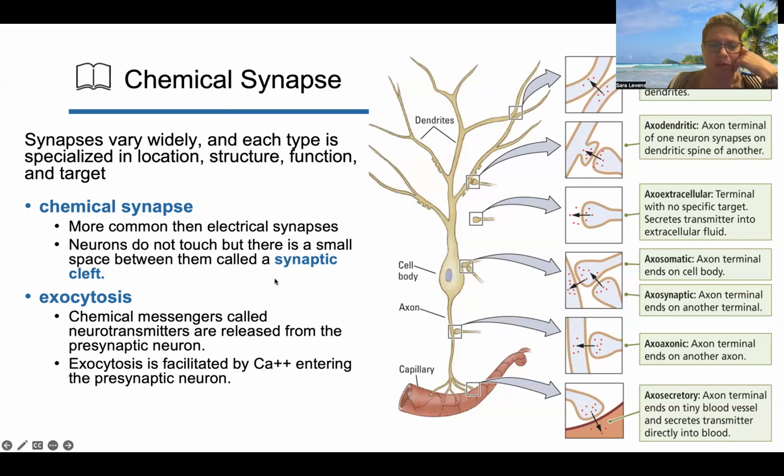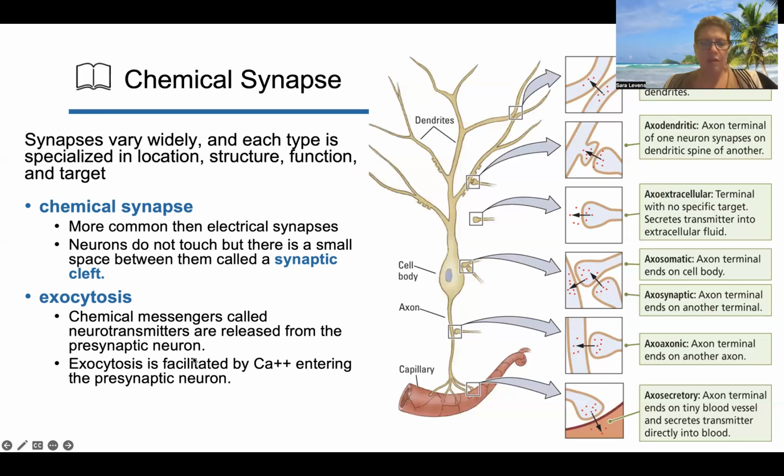In the chemical synapse, unlike the electrical, the neurons do not touch. But there is this small gap, the synaptic cleft, where this flow of information occurs. When those vesicles open and merge with the presynaptic membrane to release the neurotransmitters, that's a process called exocytosis.